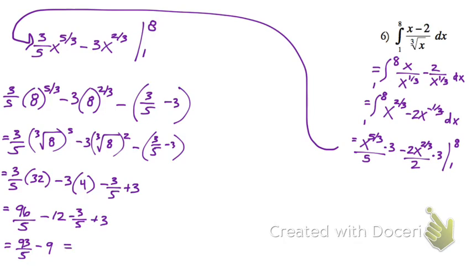If I get a common denominator, that's 93 fifths minus 45 fifths. And 93 minus 45 is equal to 48 fifths. And that is the final answer to this problem. I know it's a long, drawn-out problem, but that's how you get the final answer to this one.